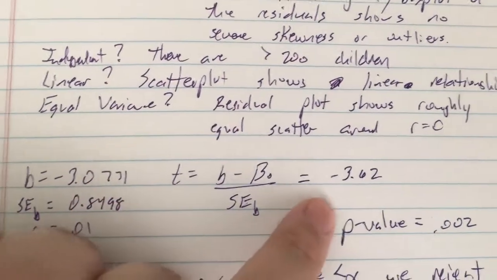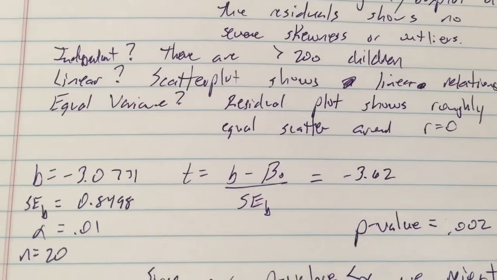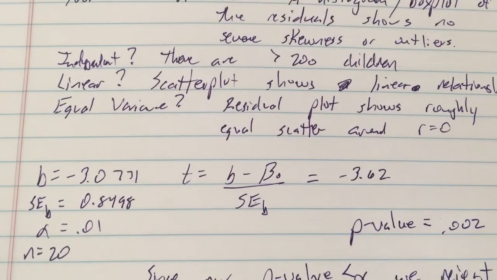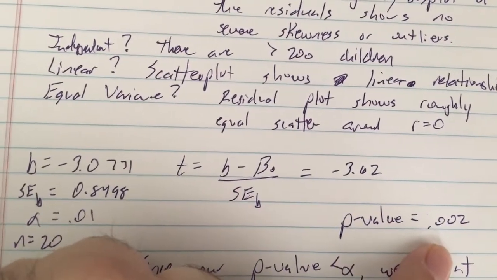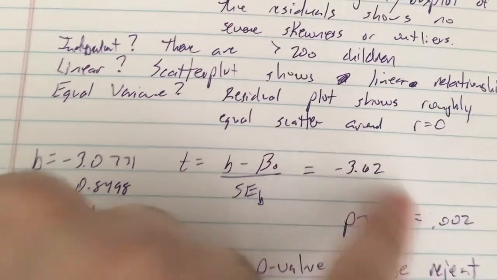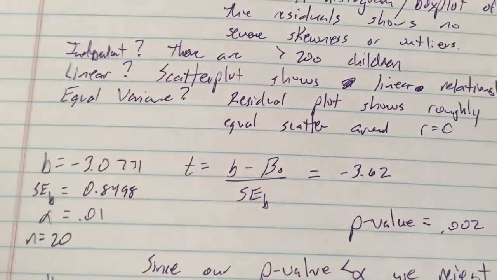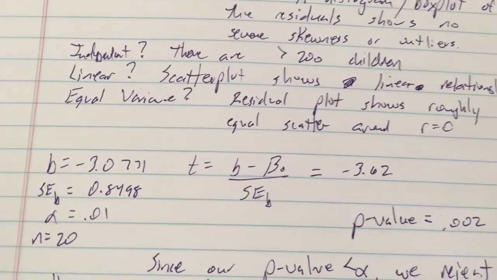So that divided by that is negative 3.62. That's also in the data. If you look in your Minitab output, that is the t-score on the second row. And the p-value I just pulled from that Minitab as well. I didn't do these 2 calculations. I just looked at the Minitab output to get those. The p-value is 0.002. At least that's what it says on the Minitab.